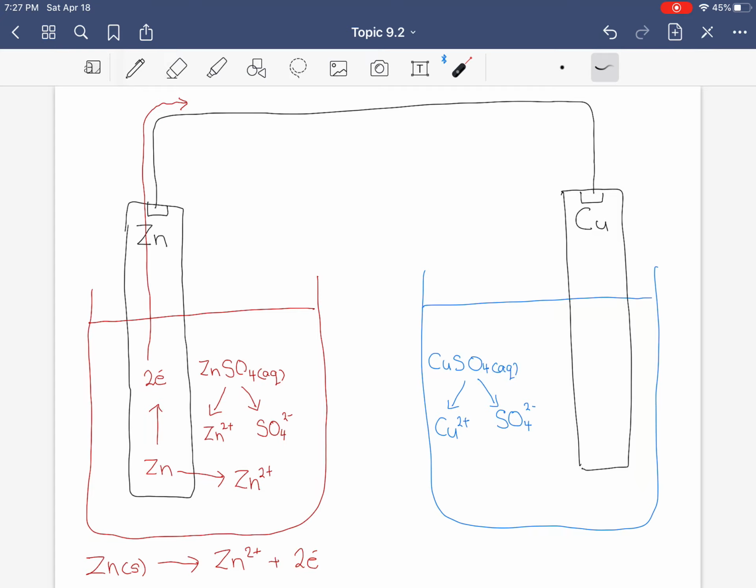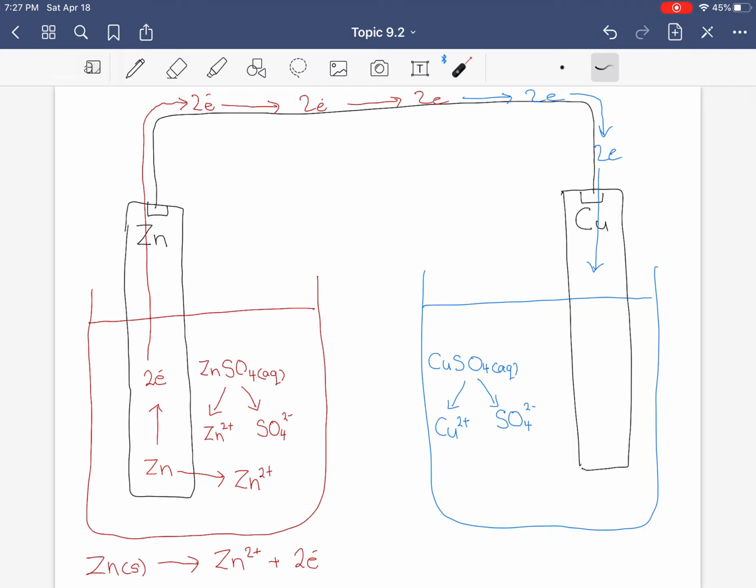So let's go and look at the electrons. The 2 electrons will continue to travel through this wire, continue and continue and continue. Well, guess what? Where are they going? Well, it looks like they're going to go to the electrode containing copper. Why do you think they want to go there?